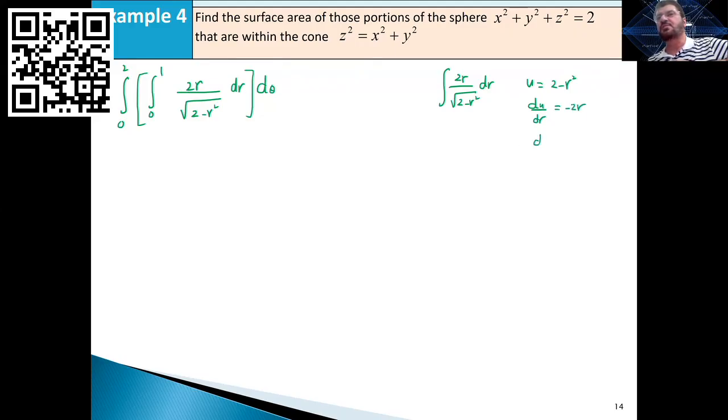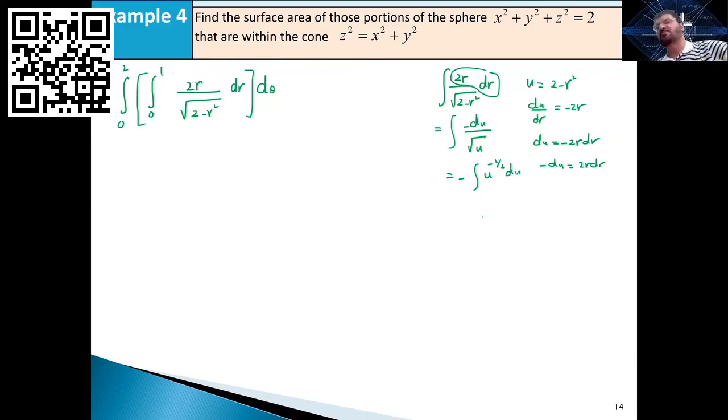So du is minus 2r dr. But I have 2r dr, so minus du is 2r dr. So what is this going to be, guys? All of the top is minus du over the square root of u. You can take the minus out, and you're left with u to what power? Negative half du, right? Because you bring it up.